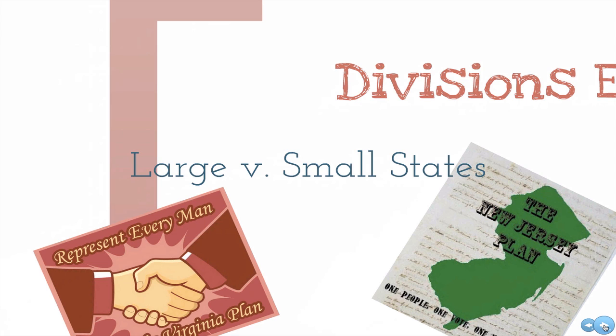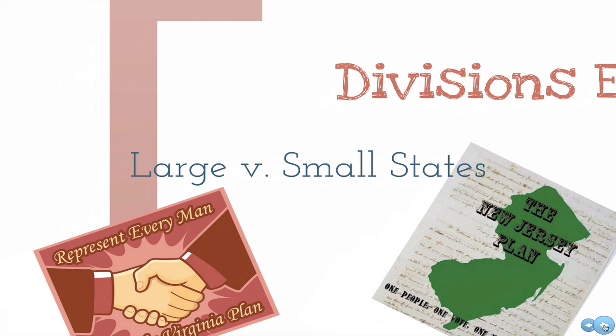What large states like Virginia wanted was to change that so that every state had representation based on its population. Small states like New Jersey wanted to keep it like it was under the Confederation government because, of course, that would have benefited them a little bit more.